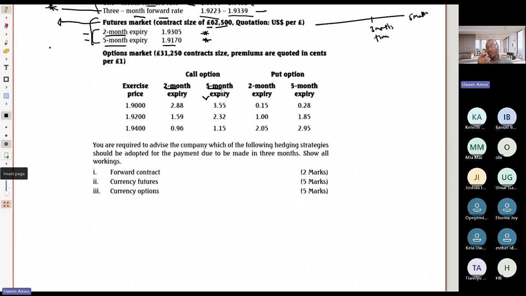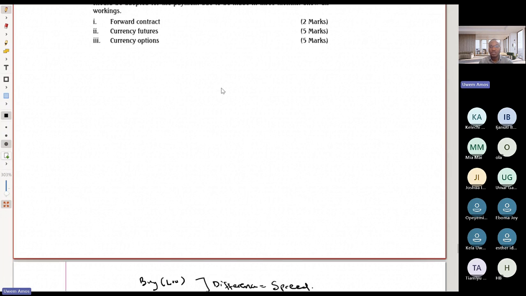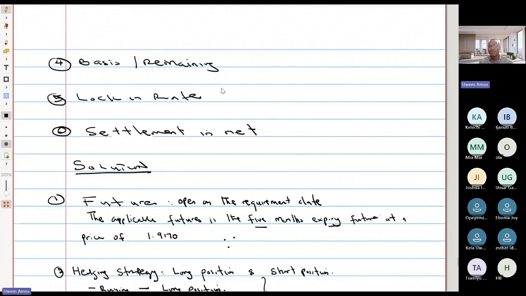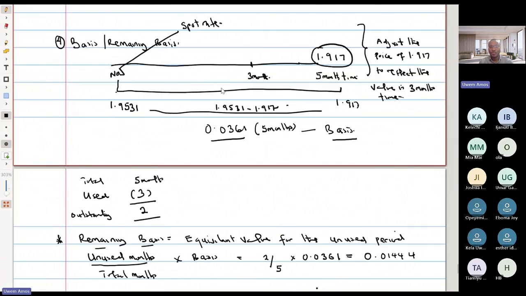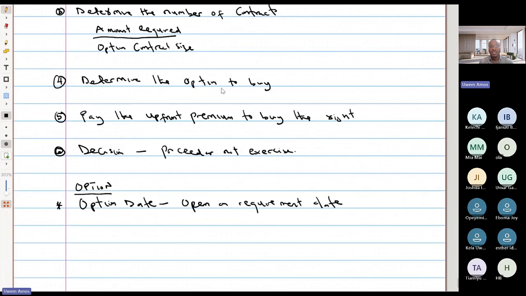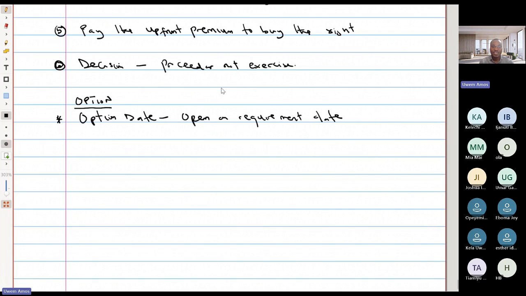So that leaves us with the 5 months option as the option that is open to us. So the applicable option would be the 5 months option. So basically the same thing as we did with futures. The option we buy would be the option that is open on the date we need to consummate the transaction. And that would be the 5 months option.